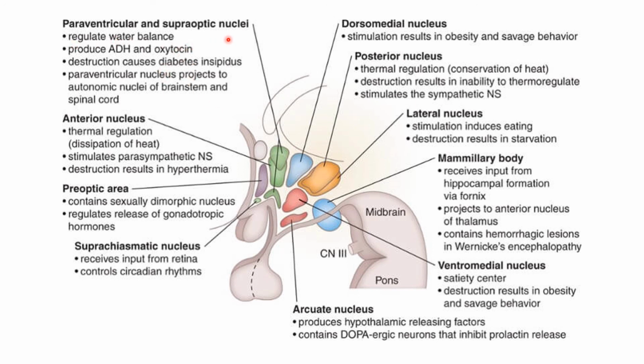Paraventricular and supraoptic nucleus, important for the neurohypophysis for ADH or vasopressin and oxytocin release, regulates the water balance. And finally, we've got the preoptic and suprachiasmatic. Preoptic, it contains the sexually dimorphic nuclei, so it's important in the release of gonadotropic hormones, and the suprachiasmatic, which receives input from the retina and controls the circadian rhythm.